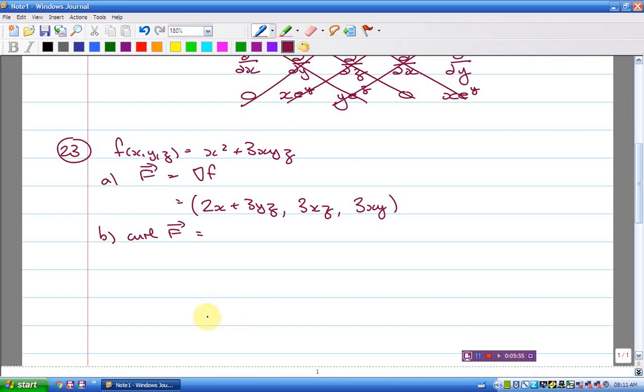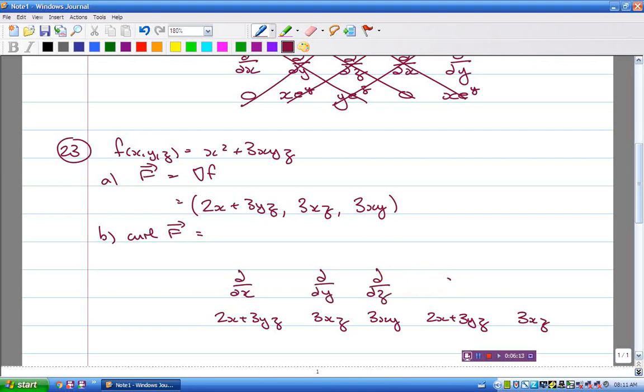So let's work out curl F. 2x plus 3yz, 3xz, 3xy. You do cross product whichever way makes you happy. Everybody's got their own little funny ways of writing cross products. Some people memorize the formula for cross products. Sure, I don't have enough brain space for that.